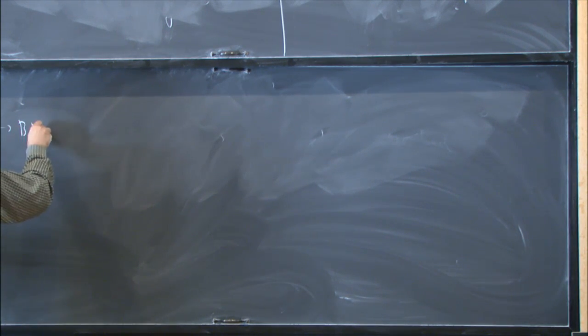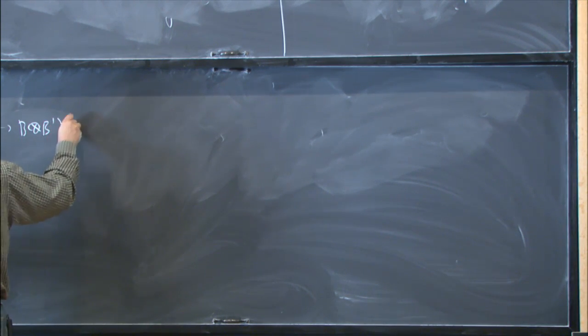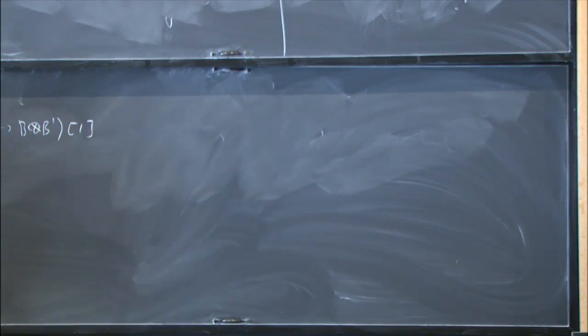So the map from A tensor A prime over the cone to the cone of A tensor B prime plus A prime tensor B to B tensor B prime, well, shifted by 1, this is a non-commutative localization.